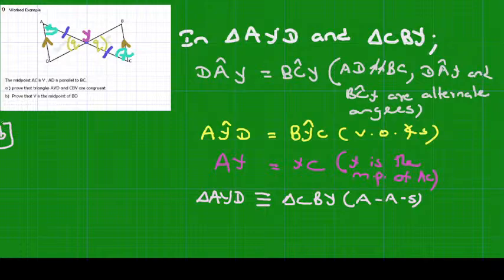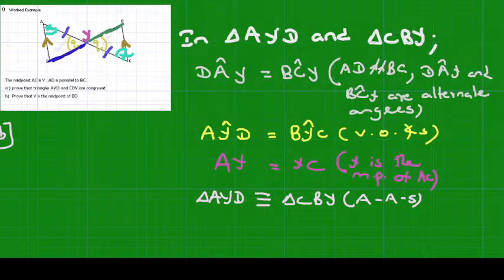If we have to prove that Y is the midpoint of BD, we have to prove that DY, let me show DY in blue, this DY, is equal to YB, the green line I'm showing. So I have to prove that the blue line segment is equal to the green line segment. If they are equal, then Y is the midpoint of BD.